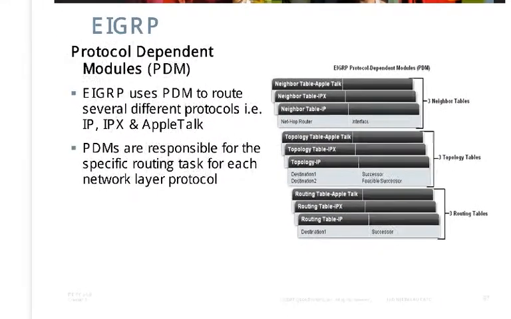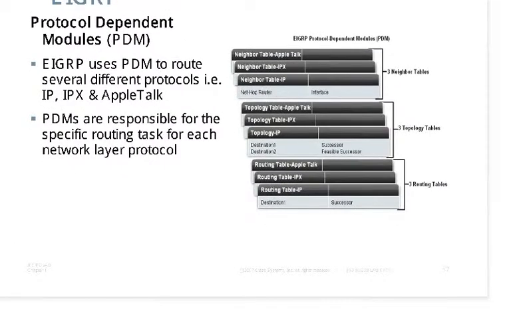As we said before, EIGRP can deal with multiple network level protocols, not just IP, right? So it supports what we call protocol dependent modules. I can run one EIGRP process to deal with the IP network layer protocol, and I can run another EIGRP process to deal with IPX or AppleTalk or whatever other network level protocol we have.